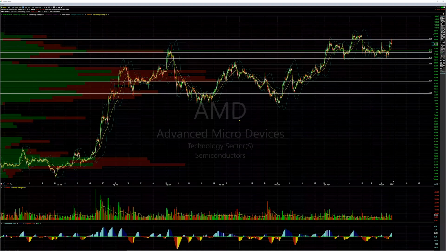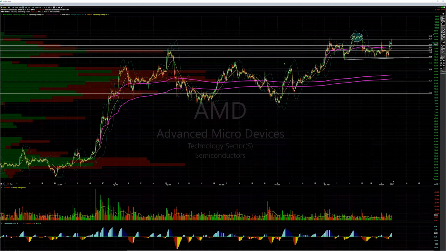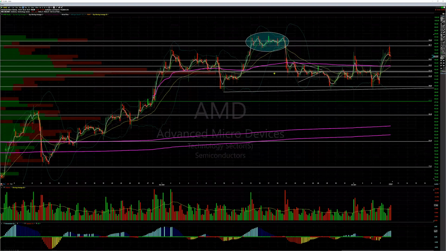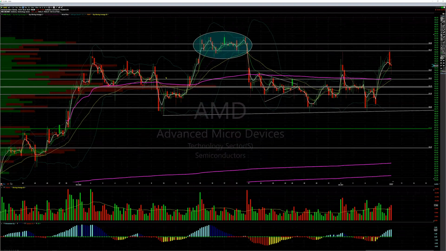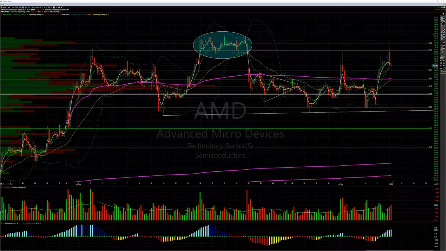Because I'll be playing a 1 minute chart, but I'll have these lines in. So like for AMD, I'll have these lines drawn there for me to know, hey, these are levels on a bigger time frame, even though I'm only playing a 1 minute chart.